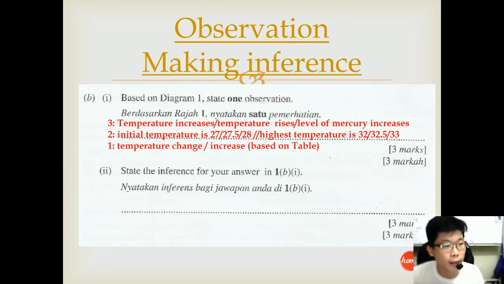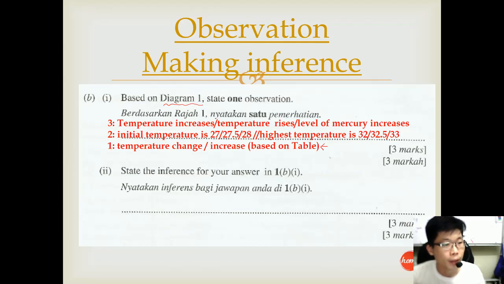Then score 1 is temperature change or increase based on the table. So the student did not observe based on the diagrams. It's based on the table, so the student can only get score 1.